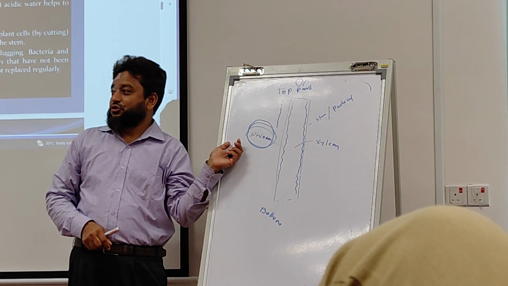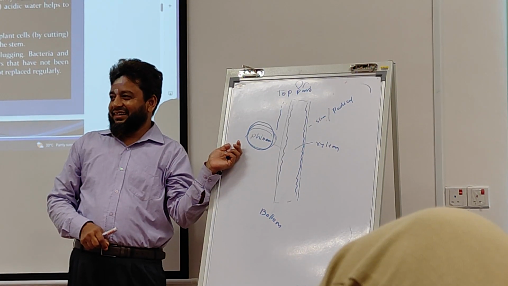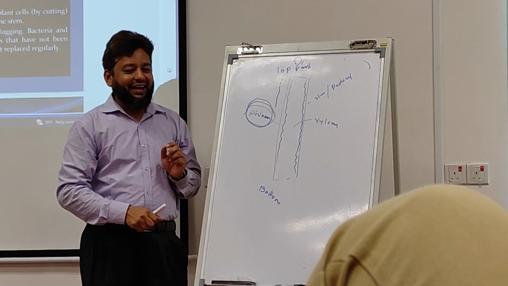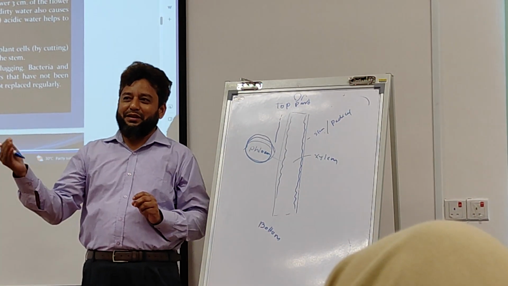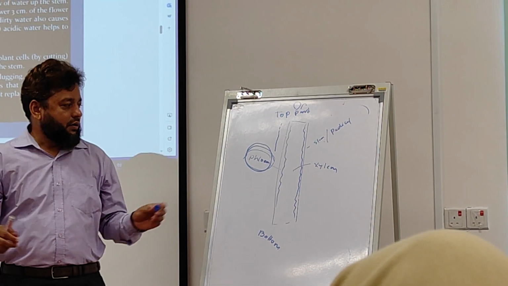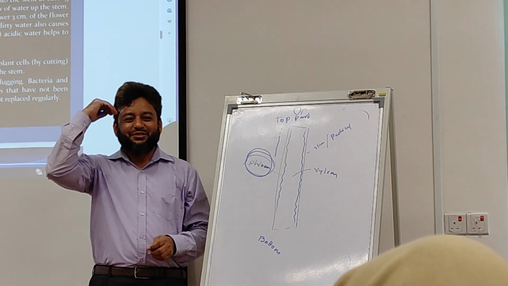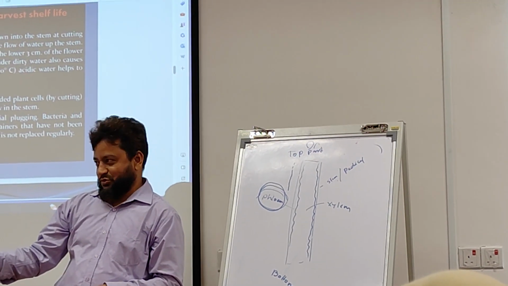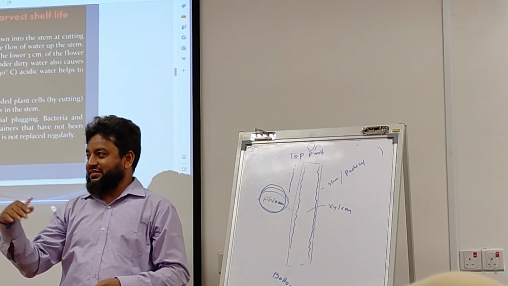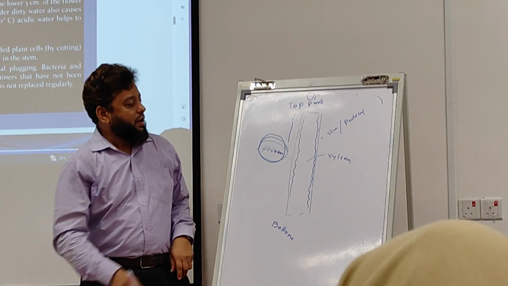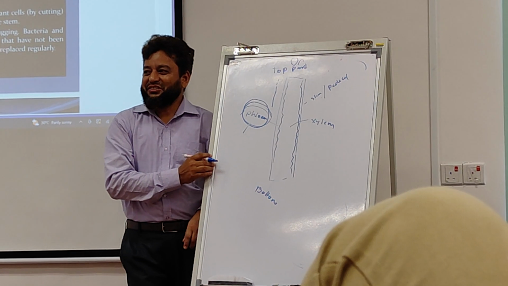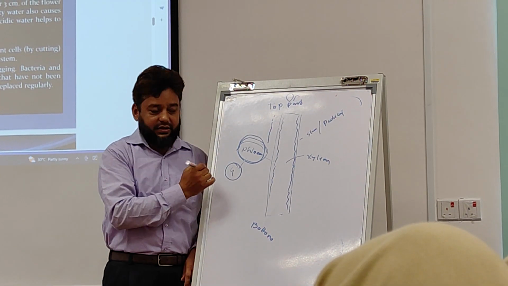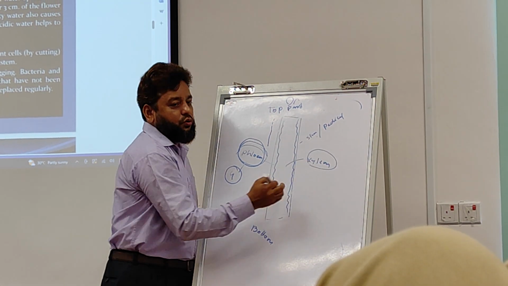Three, four? The phloem also has four types of cells. And at the same time, the xylem also has four.